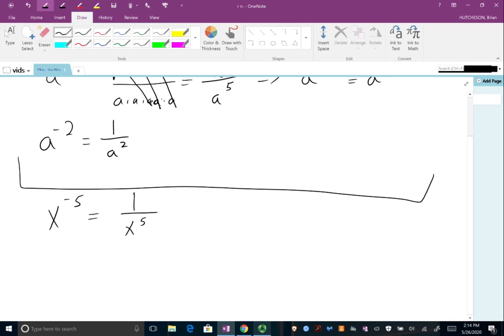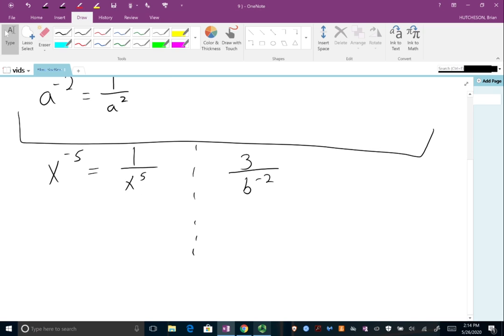Well, what happens if I had something like 3 over, let's do a b to a negative 2 power? Totally separate problem. We usually say we don't want to leave things with negative exponents. We're still just simplifying.